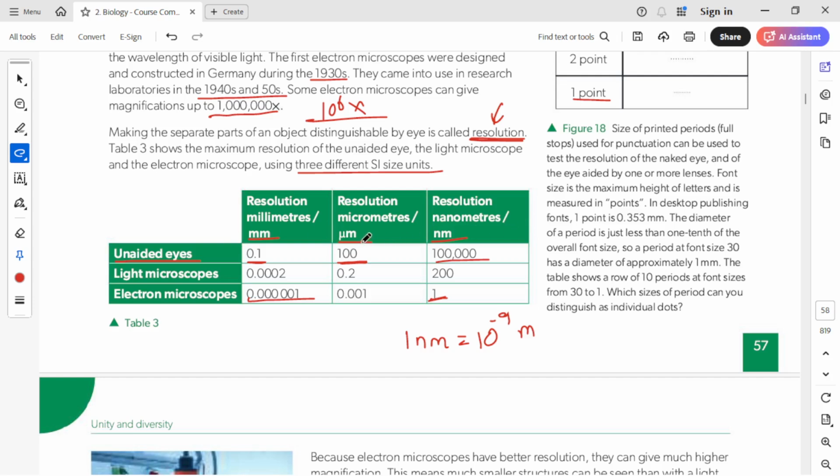I already told the numbers for these, but we can revise it here. 1 meter is equal to 1000 millimeters, 1 millimeter is equal to 1000 micrometers, and 1 micrometer is equal to 1000 nanometers. I hope this is clear here.